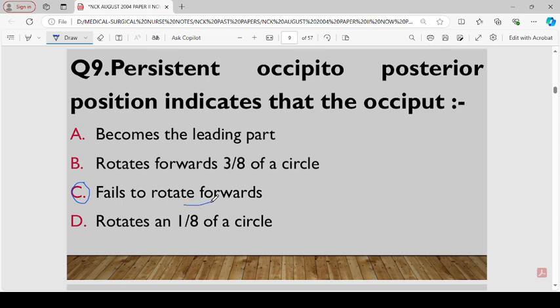Has failed to rotate forward. So that means we're going to have OPP, right? Okay, so it can't be the leading part, right? OPP means the face will be the leading part, right? It has failed to rotate. So this gives us this one as the correct answer.